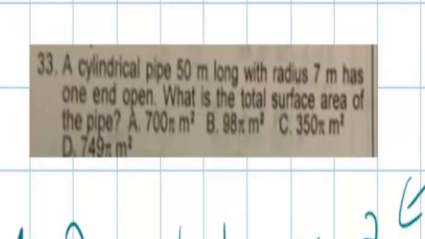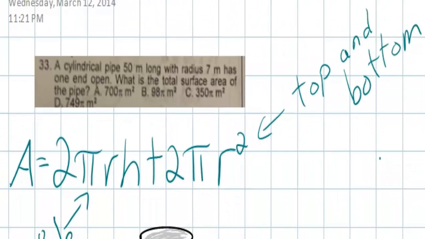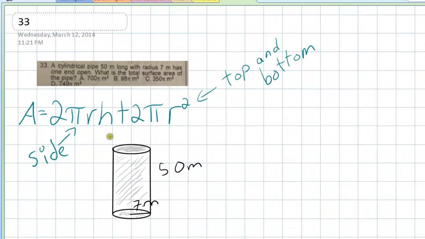Alright, so here we have question 33, and it says a cylinder pipe 50 meters long with radius 7 meters has one end open. What is the total surface area of the pipe? So I've started by writing out the equation for the surface area of a cylinder, and I've labeled its two main parts. So here we have 2 pi rh plus 2 pi r squared.